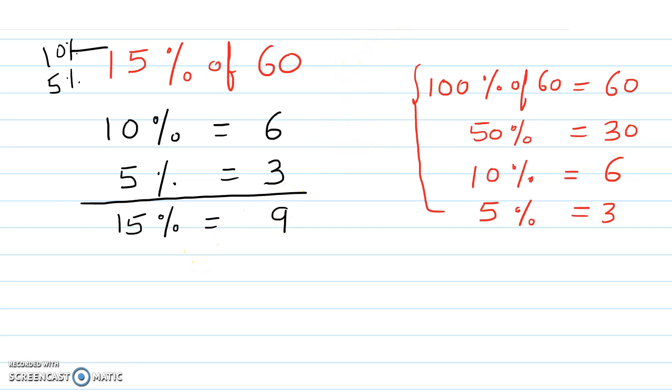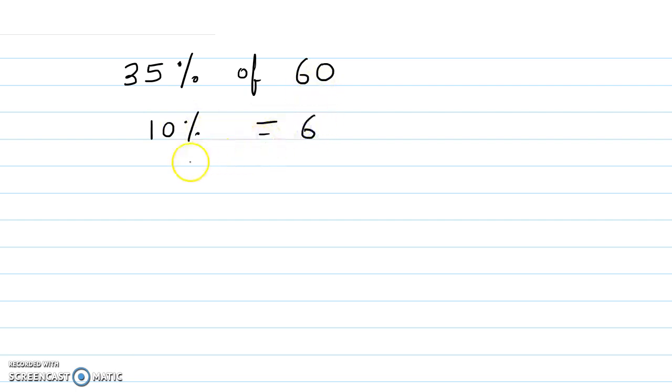Let's see another question. Suppose you need to calculate 35% of 60. So we know 10% of 60, you just divide by 10, so it will be 6. Now you need to make 30.